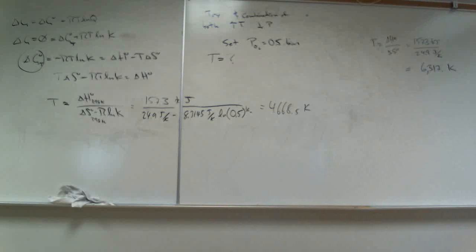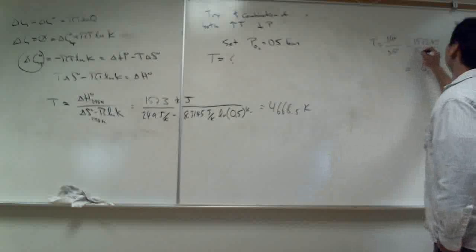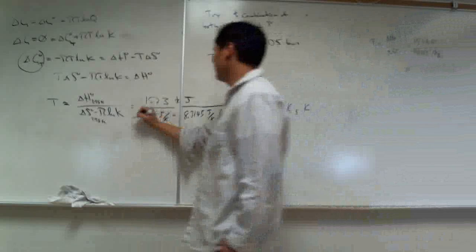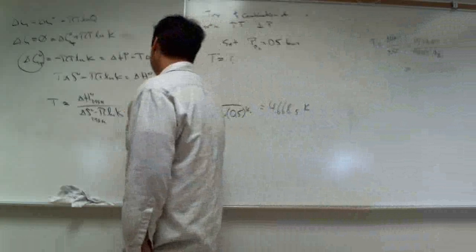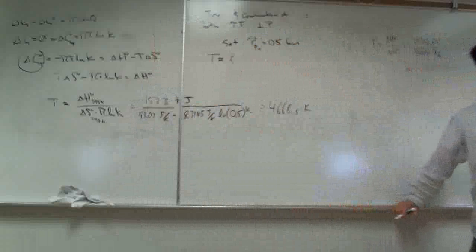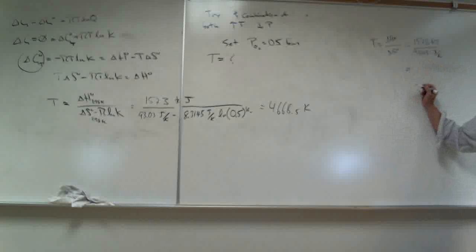Wait, before delta S was 0.0930. How do we get that? Did I use the wrong delta S? What is it? 93.03. Okay, thanks. 93.03. That's right. And so this should be 93.03. I shouldn't erase it. I should write it up there. It's worse now, it's like 52,000. Oh, 93.03, not 0.92.